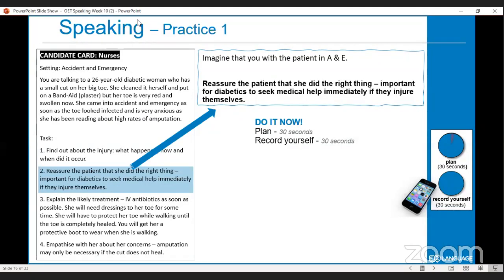Beautiful. Now record yourselves, and then you can compare it.